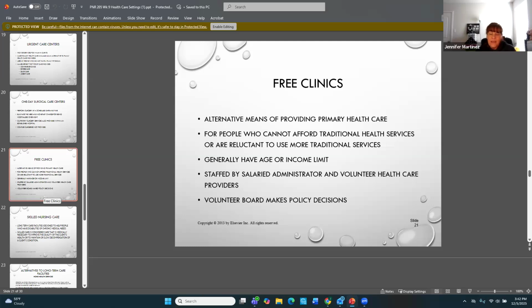So they may actually have an age limit or an income limit. One salaried administrator will staff it, and then the rest are usually volunteers, so volunteer healthcare providers as well as nurses. And they usually will have a volunteer board that makes the policy decisions for the clinic.